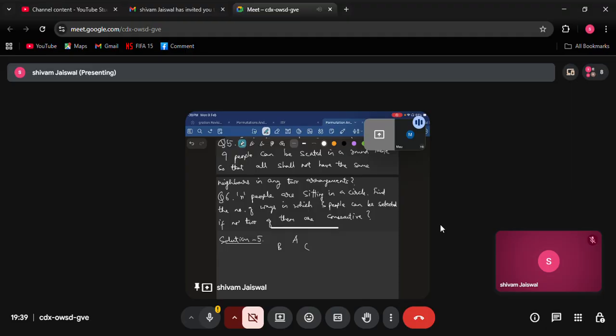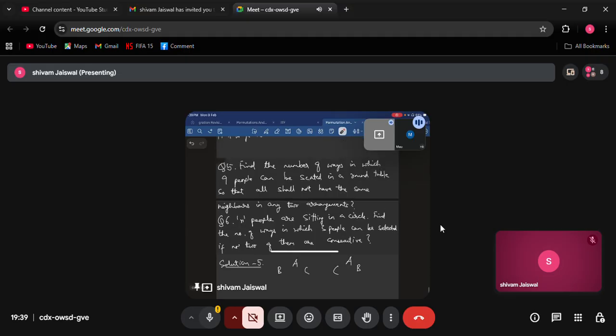In another arrangement, A's neighbors can be again B and C, but in this way. So basically, anti-clockwise arrangement and clockwise arrangement should be considered same only. We have to find the number of ways to arrange so that they should not have the same neighbors.